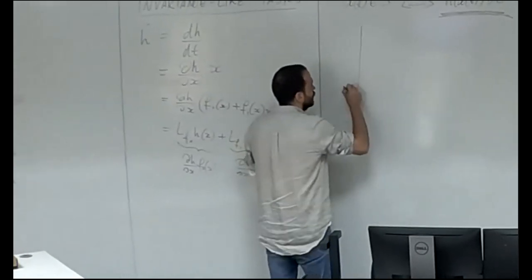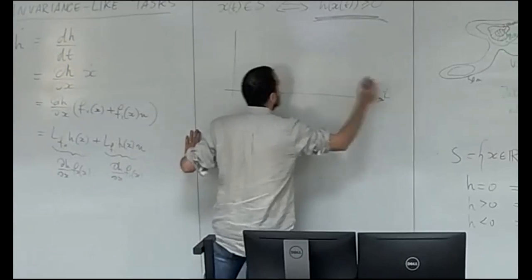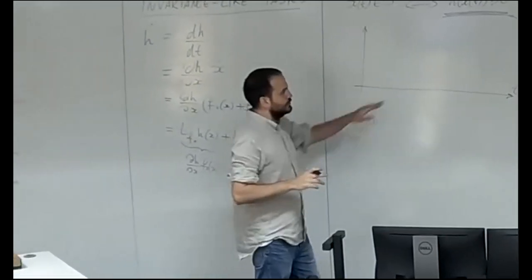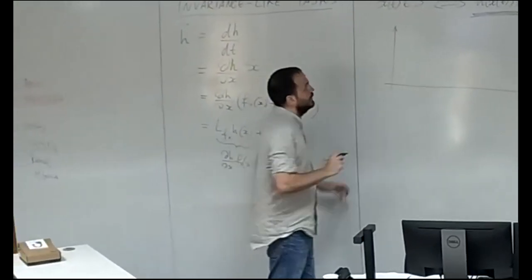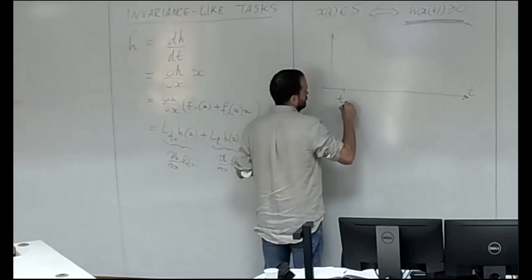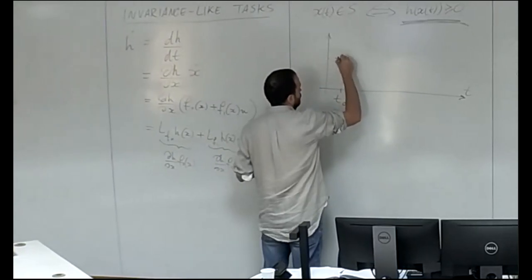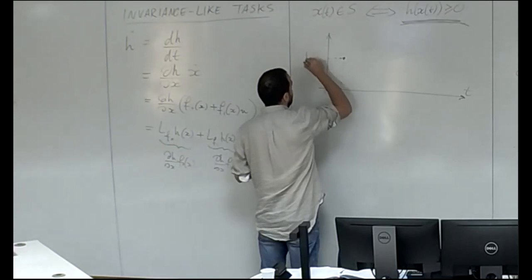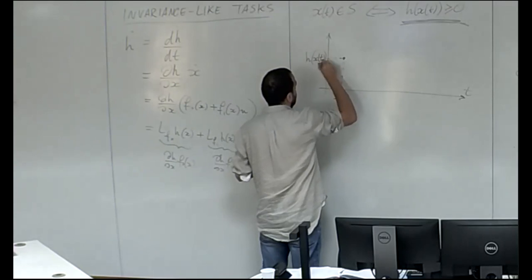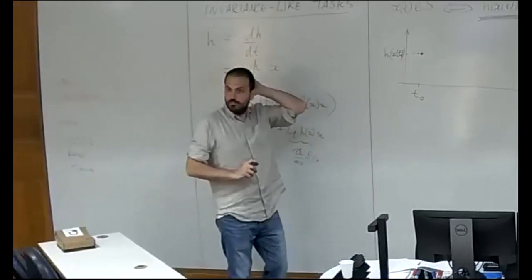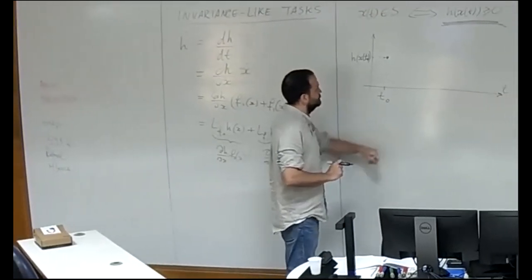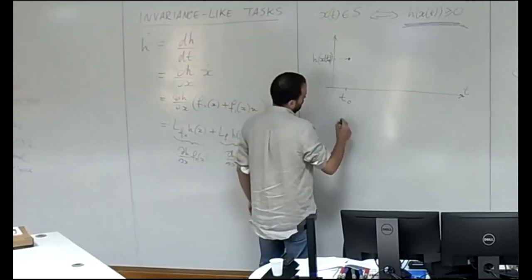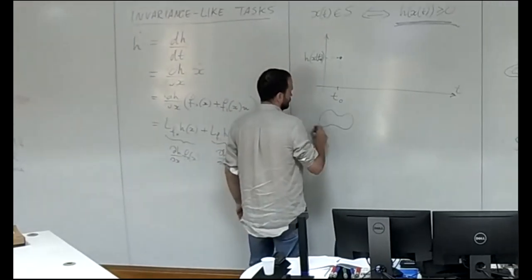Again, let's draw the desired evolution of the function h over time. If at time t0 we start positive, what does it mean that we start positive at time zero? It means that we are inside the set.